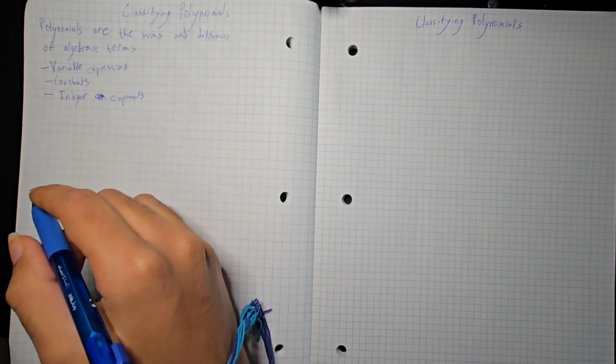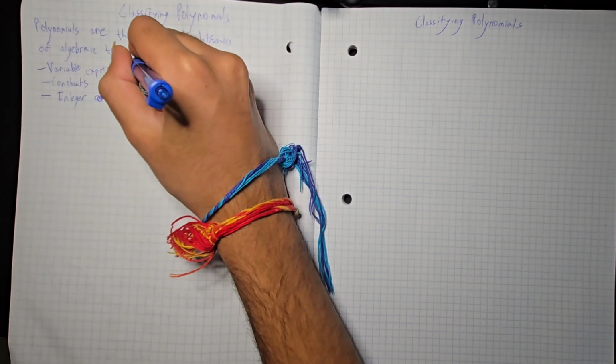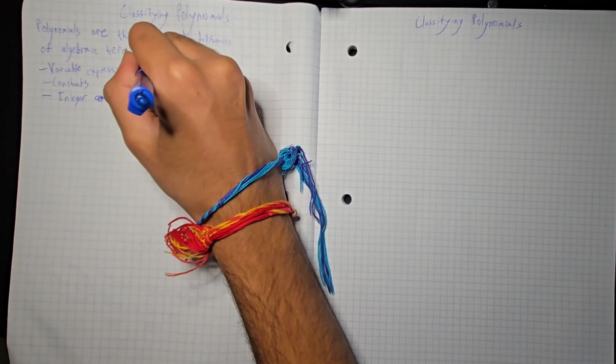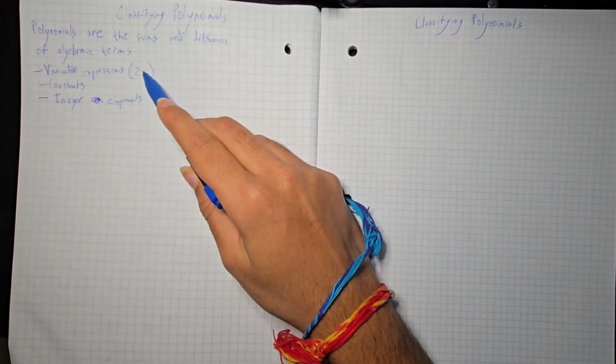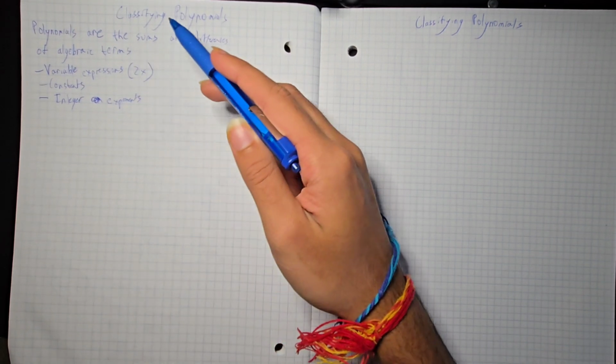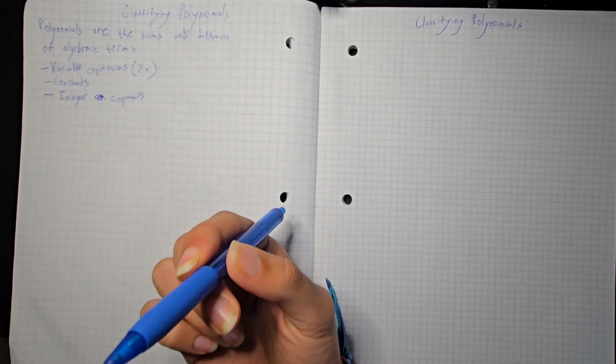So let's say for variable expressions, what it means is essentially 2x. In this case, x is a variable and 2x is an expression because it does not have an equal sign next to it.